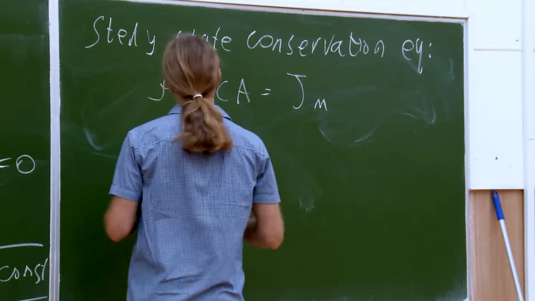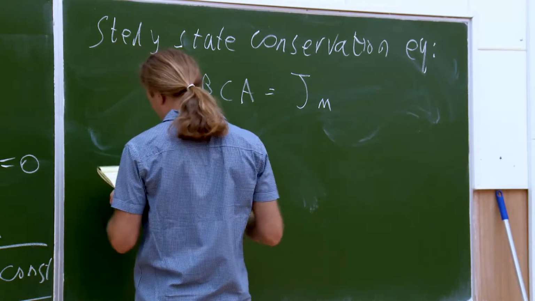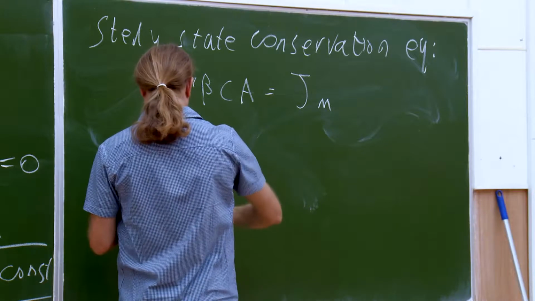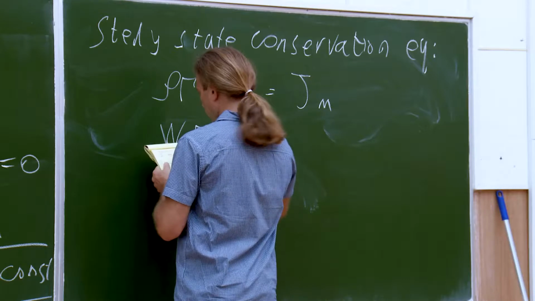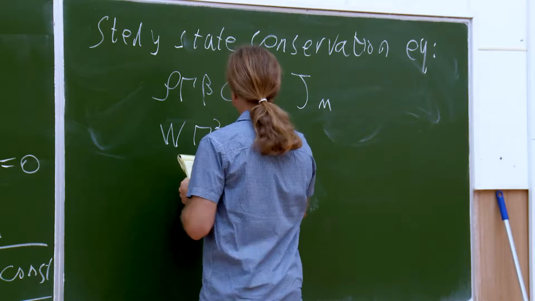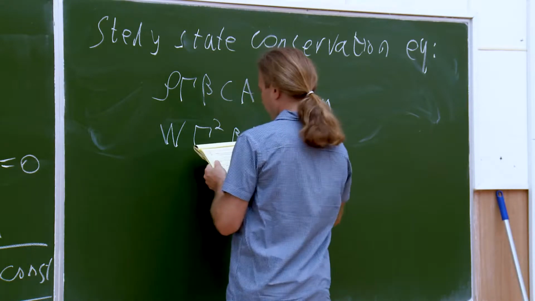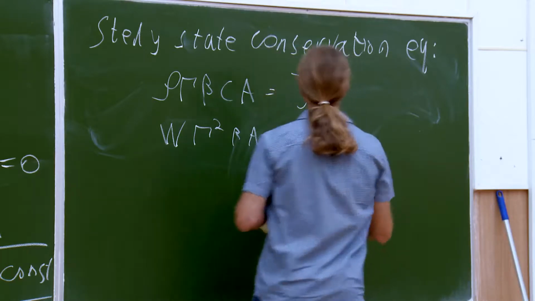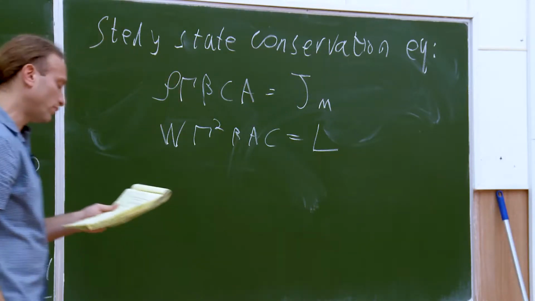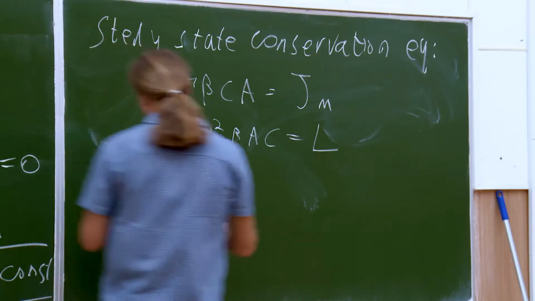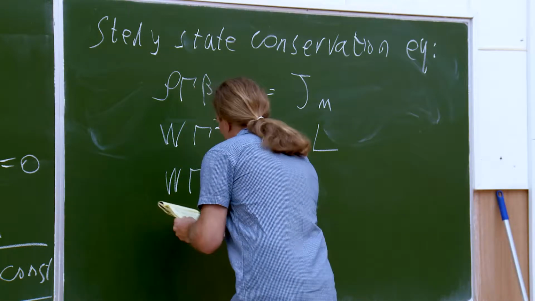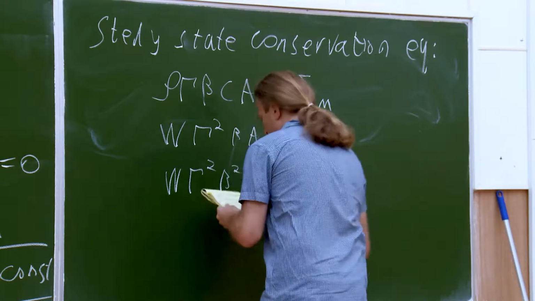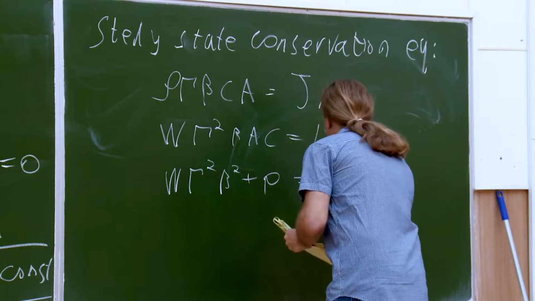Energy conservation is Wγ²βAc, which is equal to the luminosity L, also a conserved quantity. And last, the momentum: Wγ²β² plus P is equal to the momentum flux, which is Q.